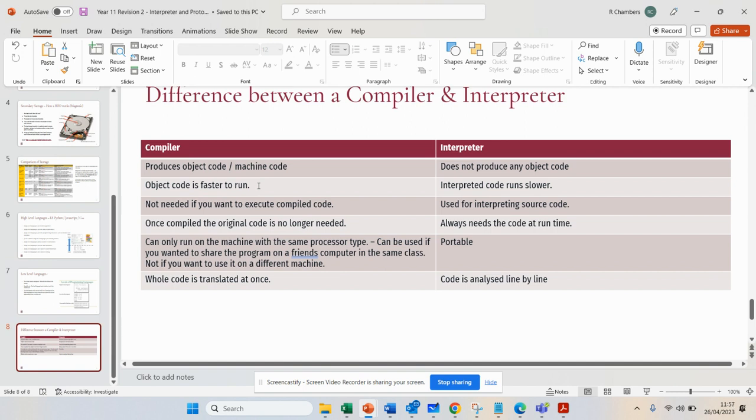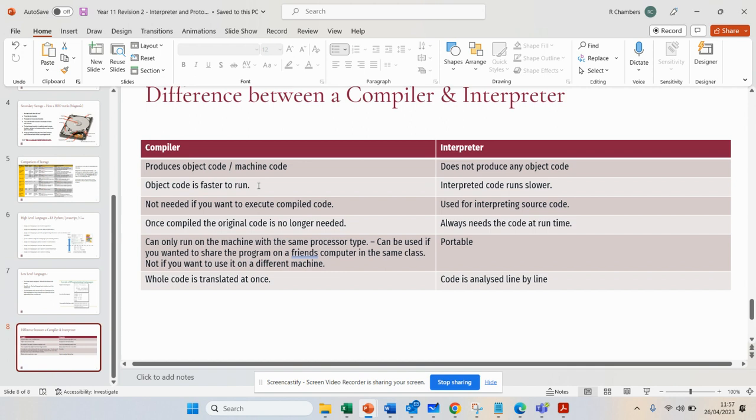So it doesn't matter if it's got a different processor, because it's got the interpreter there, it will interpret that code and it will run it. It's like when you write a piece of software in class on PyScripter, does it still work on Python when you go onto Replit? Yes, it does, because it's interpreting it, all right?